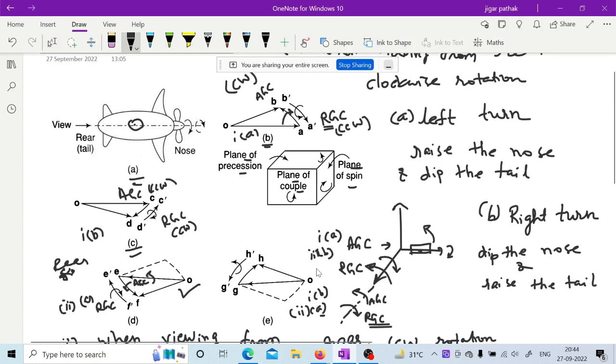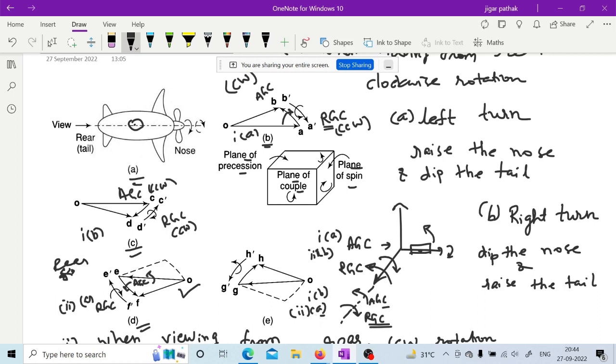So now what I was telling is, in this particular case, what we have been asked in that particular problem is this case, 2A. What is happening in this 2A is this vehicle is taking a left turn, and because of that this active gyroscopic couple is generated, which is in the anti-clockwise direction, as you can see here.